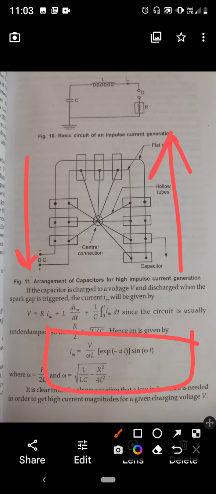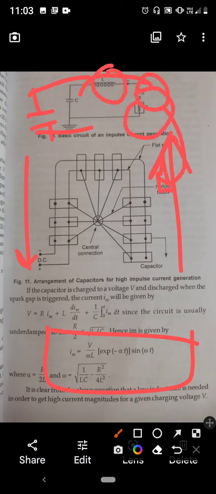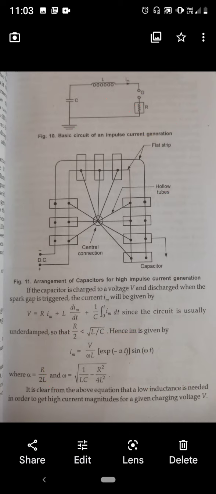So here 2 points will be noted, or I will provide you the summary of this topic. When we apply the higher voltage to the capacitor bank, it is charged and it is discharged when the gap is triggered, through the inductance and the dynamic resistance R. It is the systematic diagram of the basic circuit mentioned in this figure.